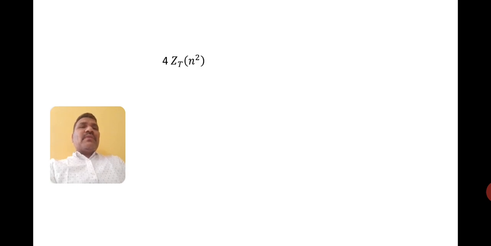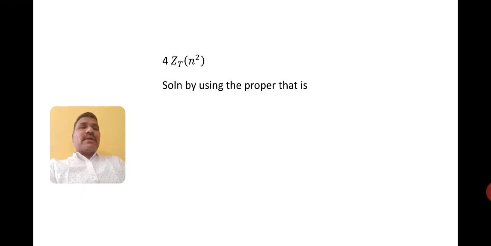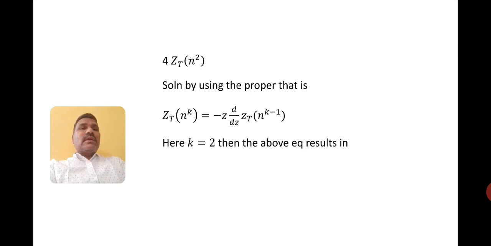Now, the Z transform of n square. Once again, using the same property: the Z transform of n to the power k is equal to minus z d by dz of the Z transform of n to the power k minus 1. Now I am taking the k value as 2 and putting it in the above equation.